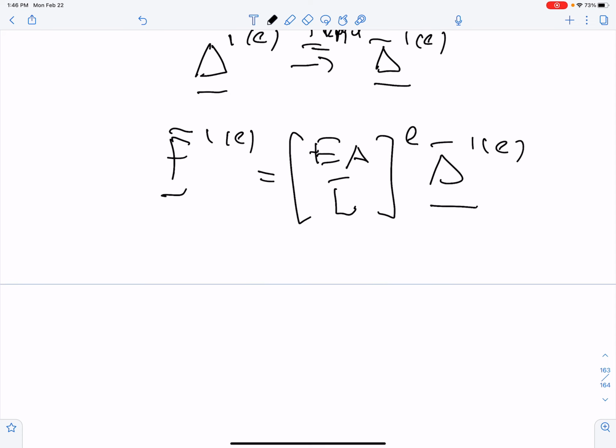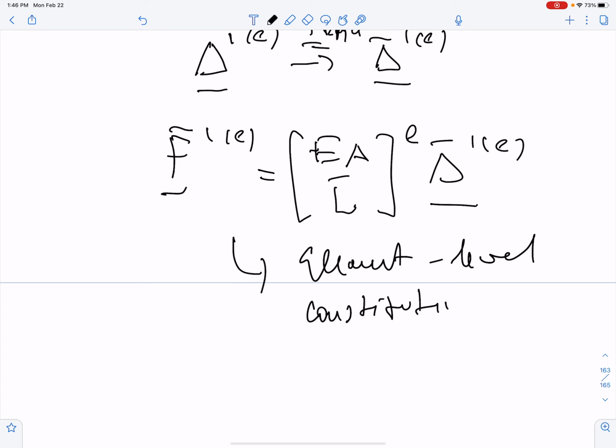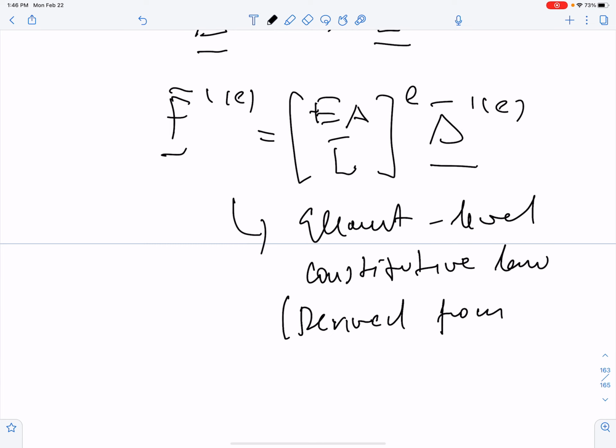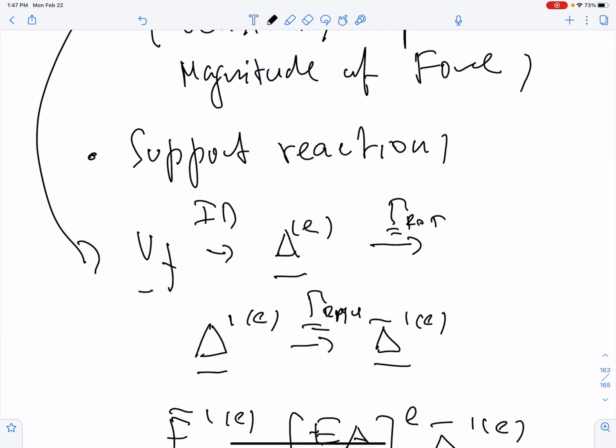And the step from here to here will invoke the element level constitutive law, which is actually derived from the differential equation. Always remember there is a differential equation that's being solved in the background as you're going through these motions.